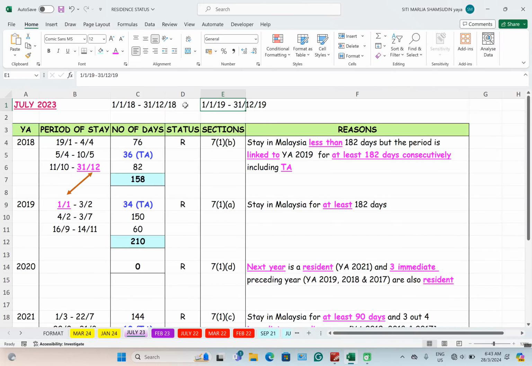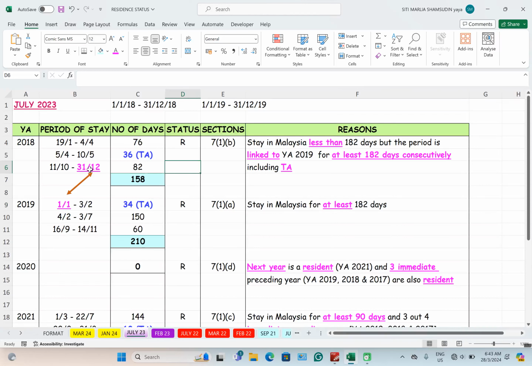Look at the calendar here. If you want to cross over to 2019, of course, you are going to see the first date, 1st January. Therefore, guys, in 2018, the first condition is in December. So I need at least 1 day in December 2018 in order for us to cross over to 2019.